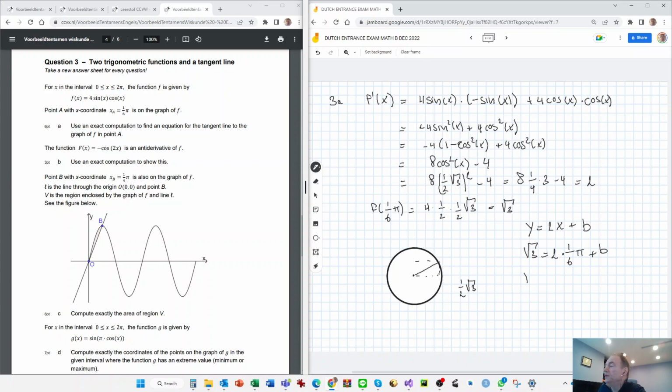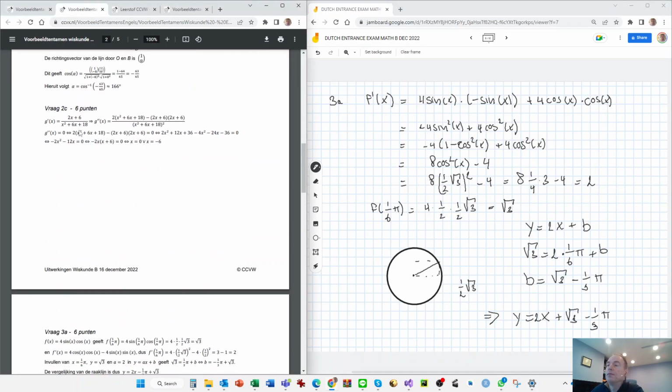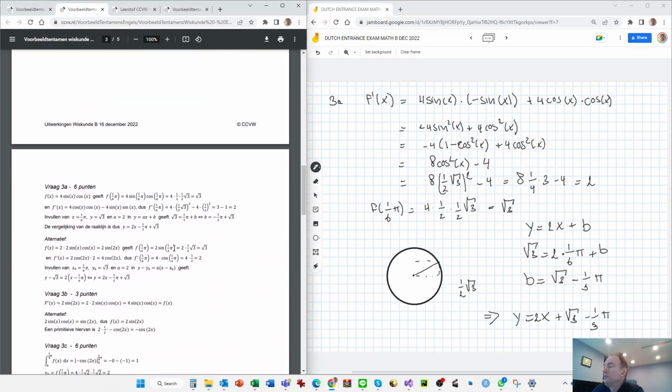So b has to be equal to square root of 3 minus 1/3 pi. So I finally find the expression of the line is y is 2x plus square root of 3 minus 1/3 pi. That is also the answer here.